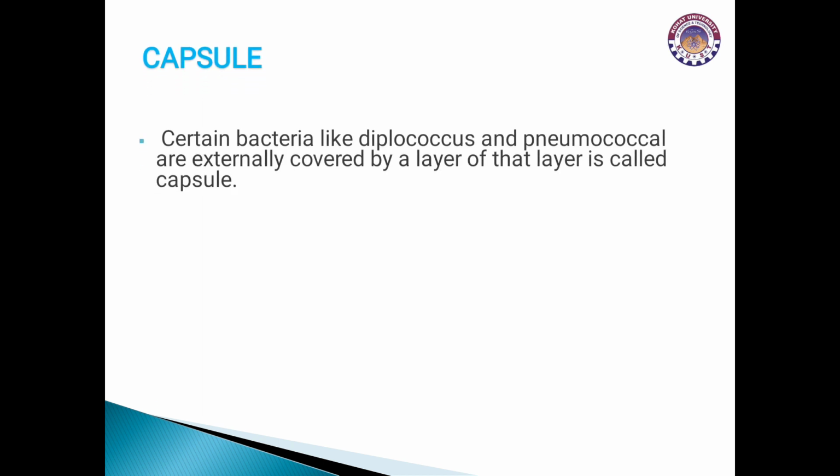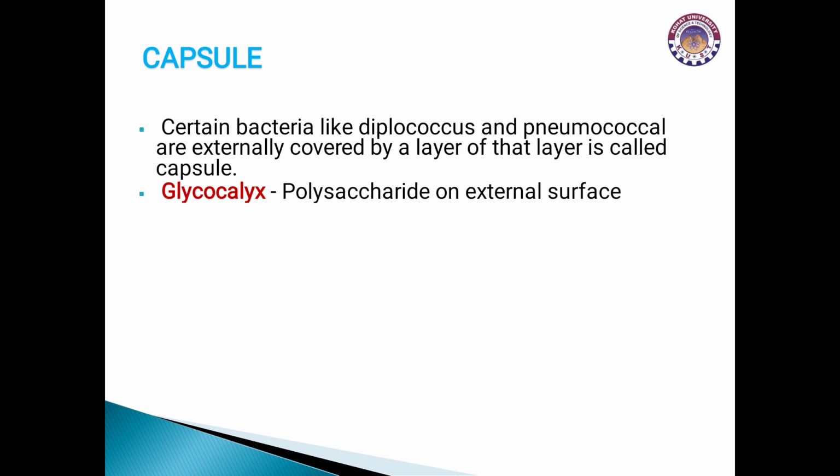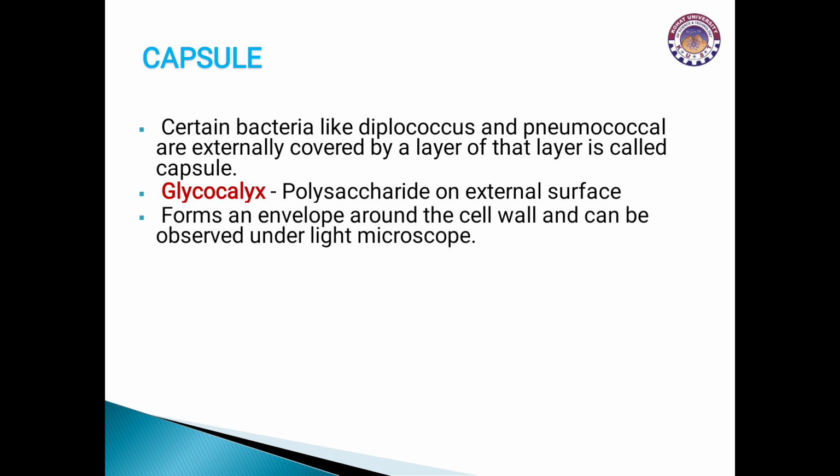What is capsule? Certain bacteria like Diplococcus pneumoniae are covered by a layer, and that layer is called the capsule. What is glycocalyx? Polysaccharides on the external surface form an envelope around the cell, and it can be observed under a light microscope.